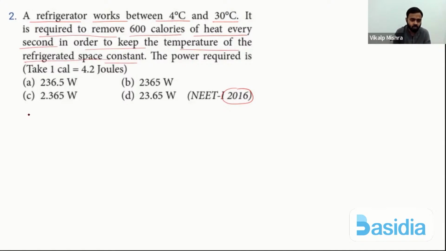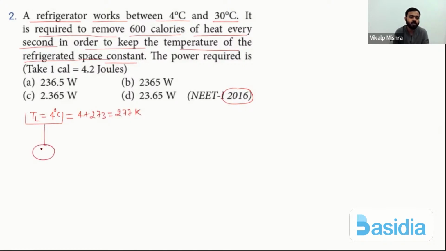Now I will draw the refrigerator first. This is TL, the lower temperature, given as 4 degrees Celsius. We convert it into Kelvin: 4 plus 273 is 277 Kelvin.